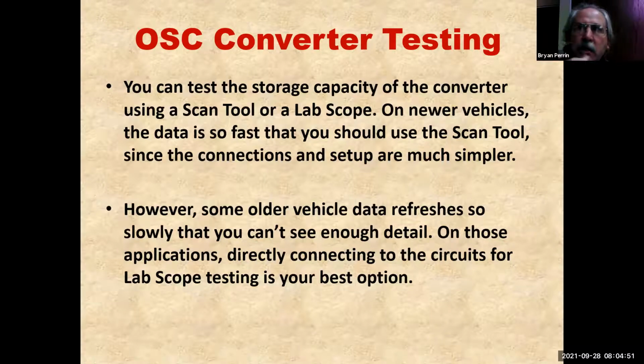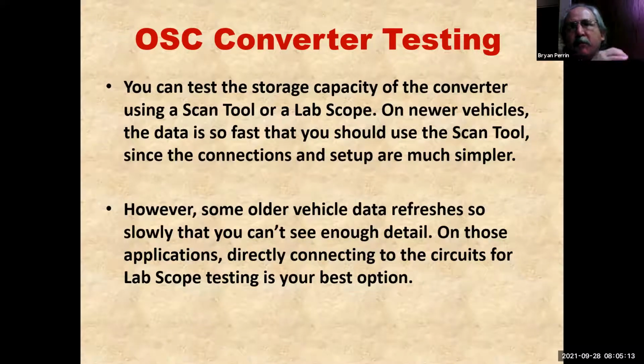It is painfully slow to graph data. Other vehicles like Toyota or GM or Ford are very fast at their data, even pre-CAN, and you'll get about 1.5 to 2 frames per second. So it's pretty common to see about 2 frames per second.